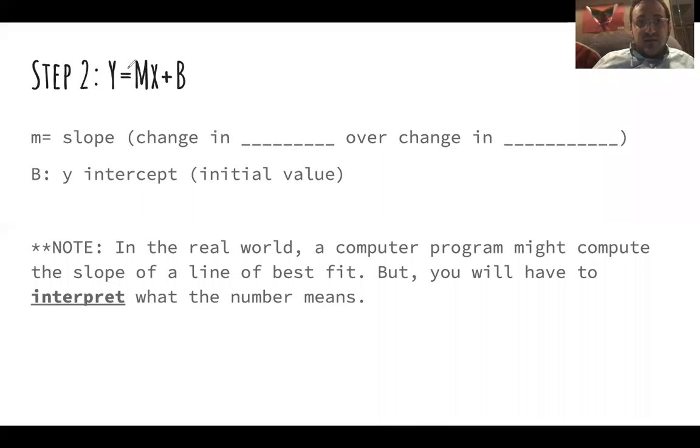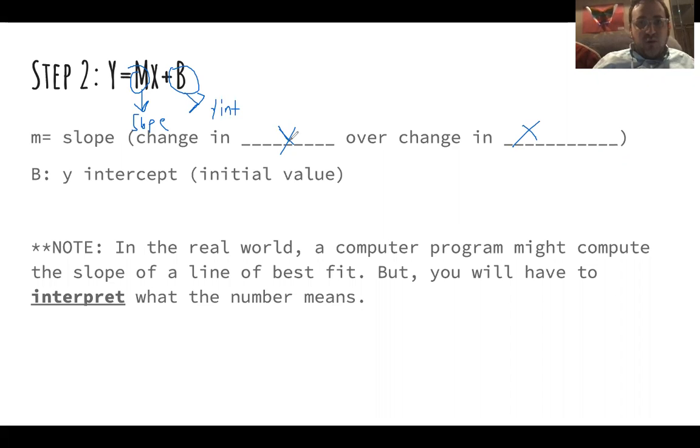So you want to be looking at what m stands for and what b stands for. So m is slope, and b is the y-intercept. The slope is simply your change of y over the change in x.